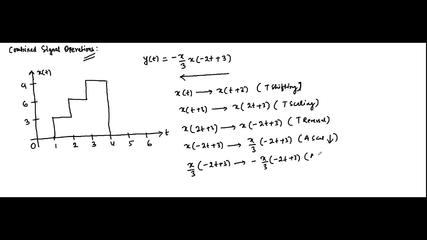It is amplitude inversion. So a total of 1, 2, 3, 4, 5 operations. So we'll do it one by one.